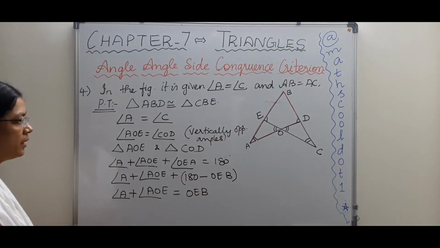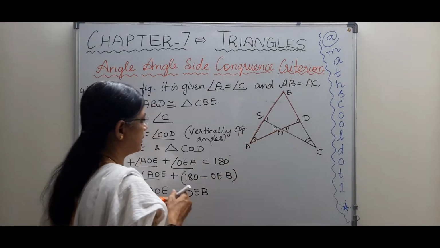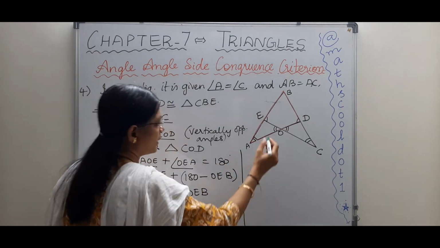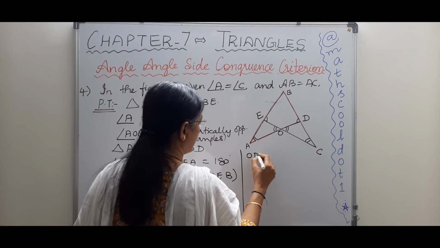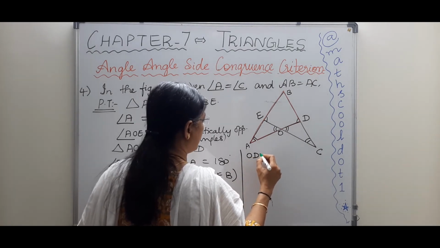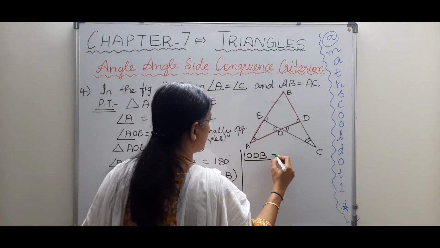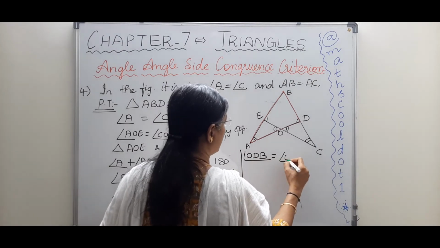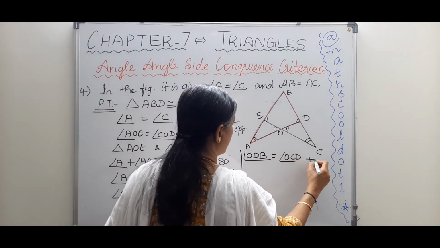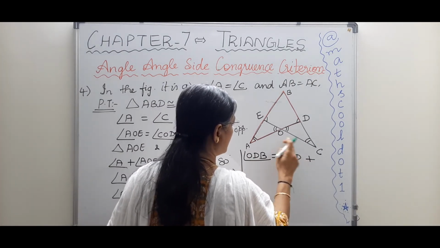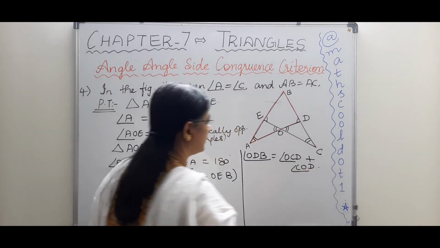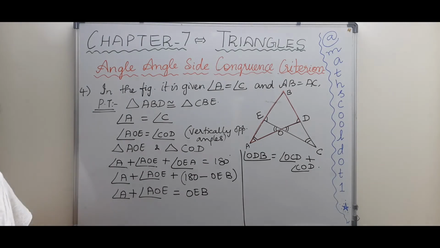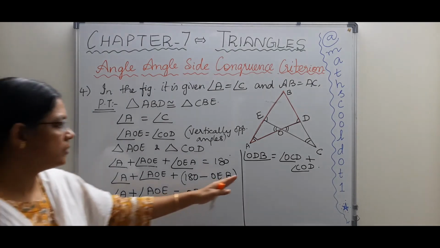Okay. So likewise, take this triangle. In this triangle COD, we have likewise. So similarly, we have angle ODB is equal to angle OCD plus angle COD. You understand? So, do you get me?